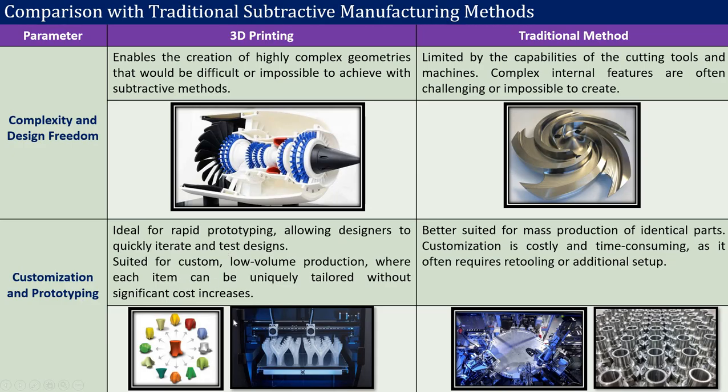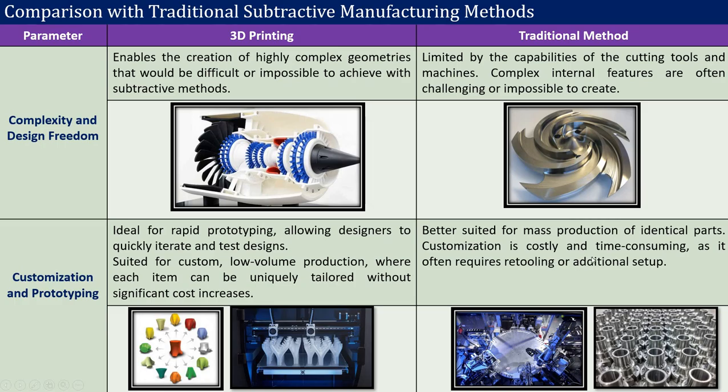Customization and prototyping. In case of 3D printing, the designer can change the geometry frequently, which is not possible in case of the traditional methods. So it offers customization, and we can create a number of prototypes in 3D printing, which is very easy.